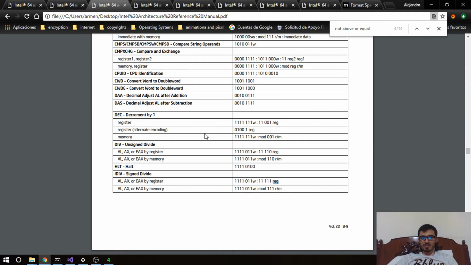For example, we found out that we have the decrement. Let's say we have this instruction, decrement by 1 with register. So we have the mnemonic, and we have other extra information about the register.